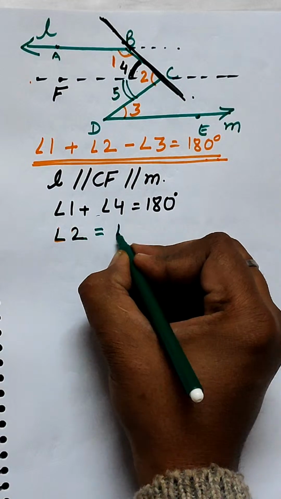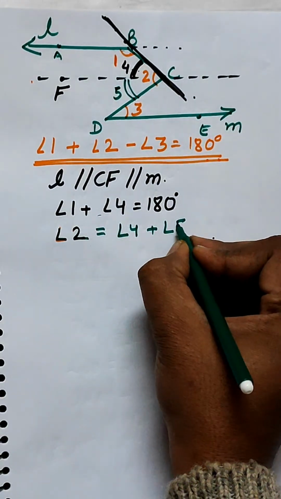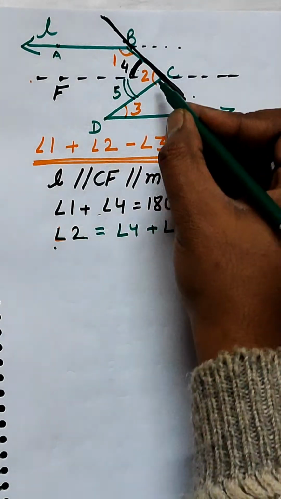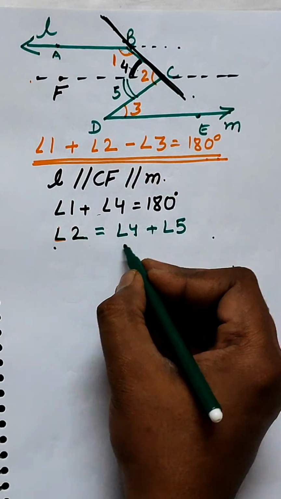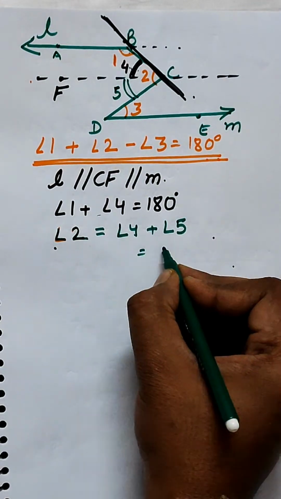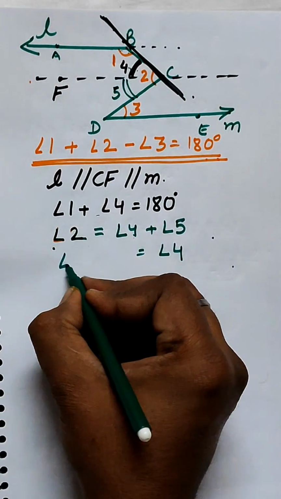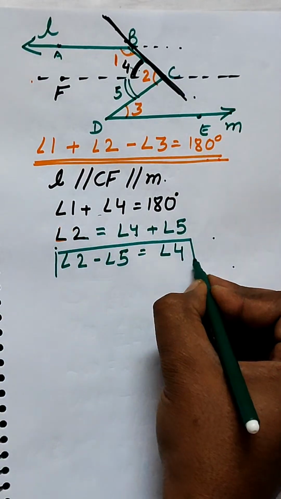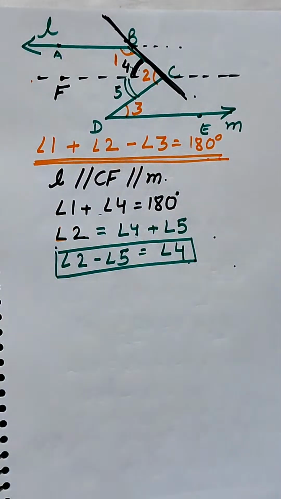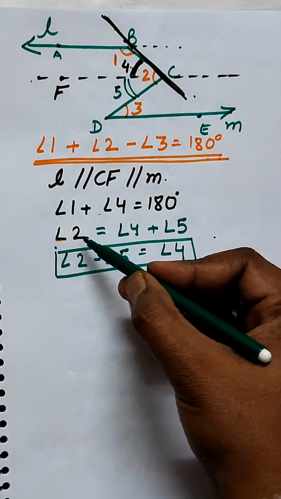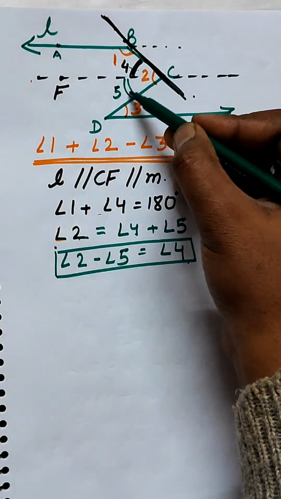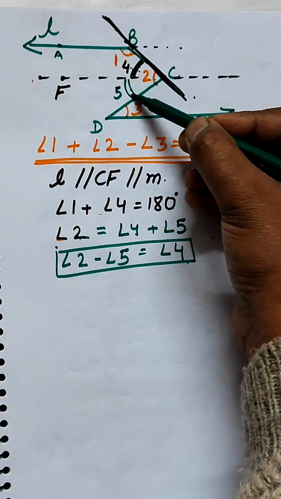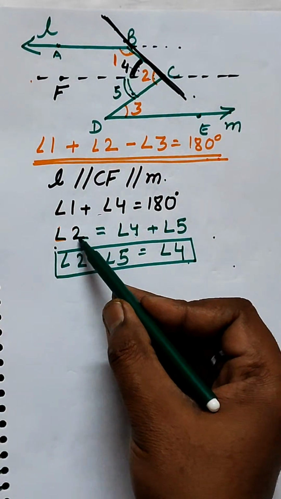If angle 2 is equal to angle 4 plus angle 5, then we can say, leaving angle 4 on the LHS, angle 4 is equal to angle 2 minus angle 5. Why? Because 2 is 4 plus 5.